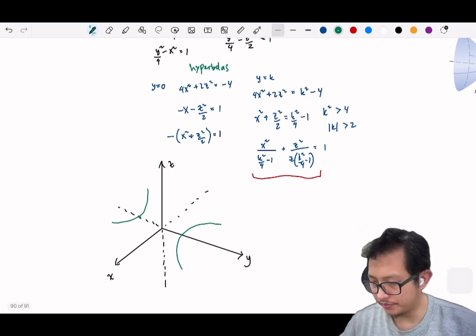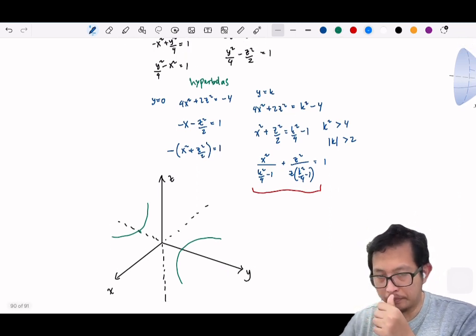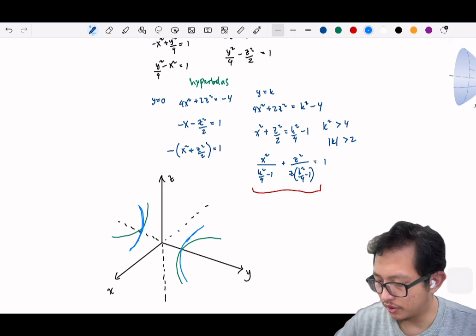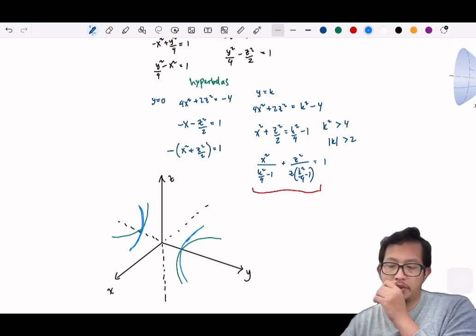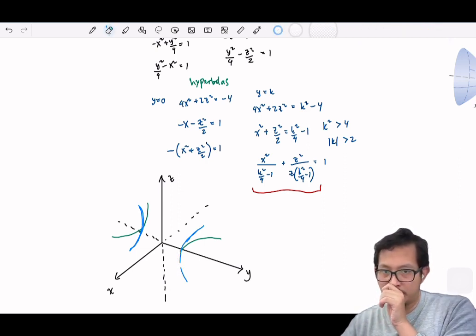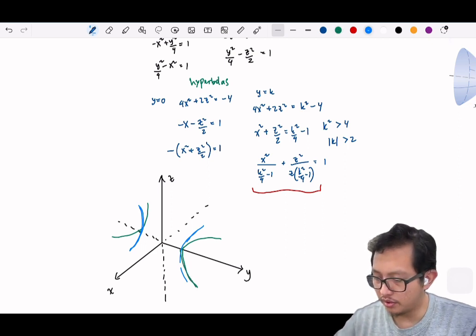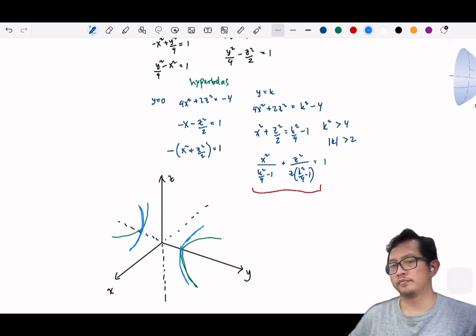And then for y and z, it's supposed to be this way and that way. But I think my drawing is not really clear.